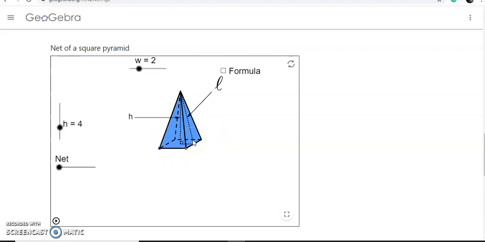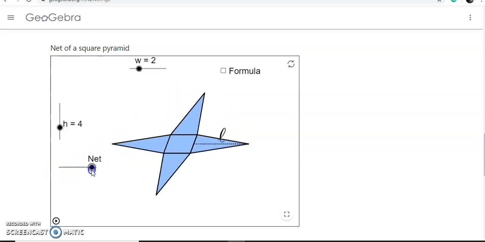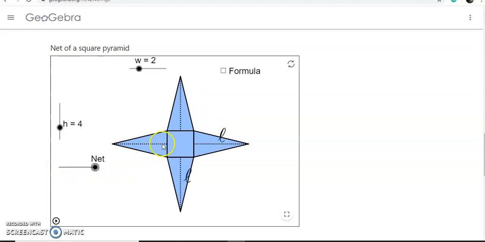The edges are those lines; we have 4 in the base and 4 on the sides, in total 8. And the vertices we will have 5: 1, 2, 3, 4, and 5. The net shows better how many faces we have. We have 5 faces here.